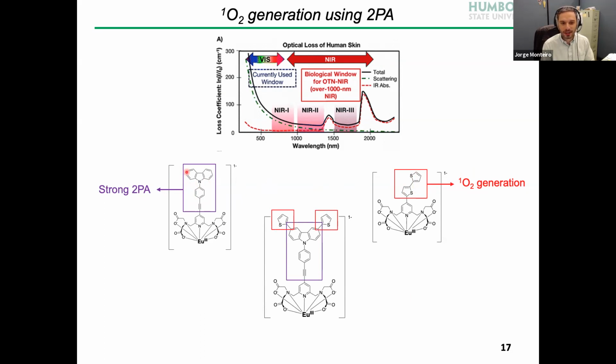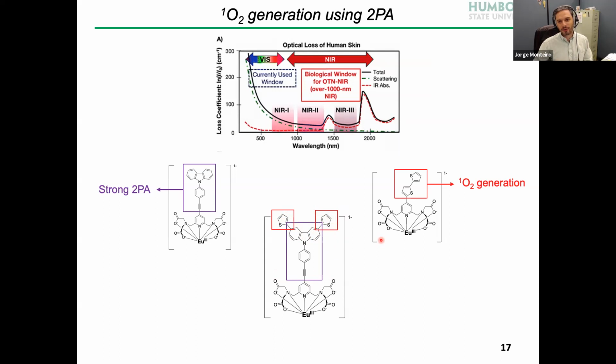These positions of the carbazole are very reactive, so it's not that hard to functionalize. What we will do here is keep our two-photon absorption core and add singlet oxygen functionalities. The hypothesis is that this part can undergo two-photon absorption and do an energy transfer to the thiophene rings, and from there generate singlet oxygen.